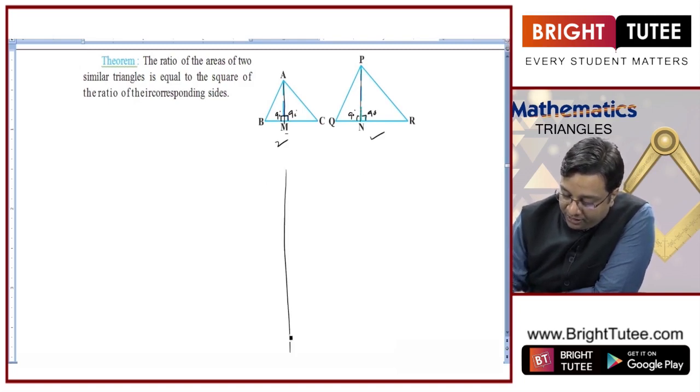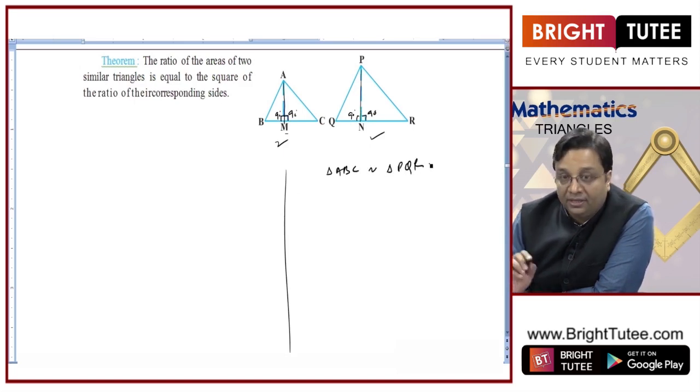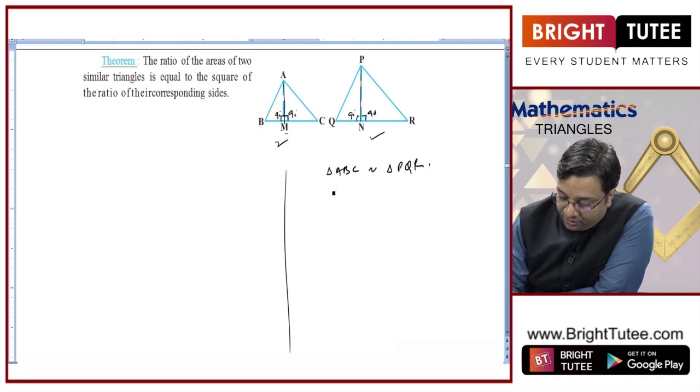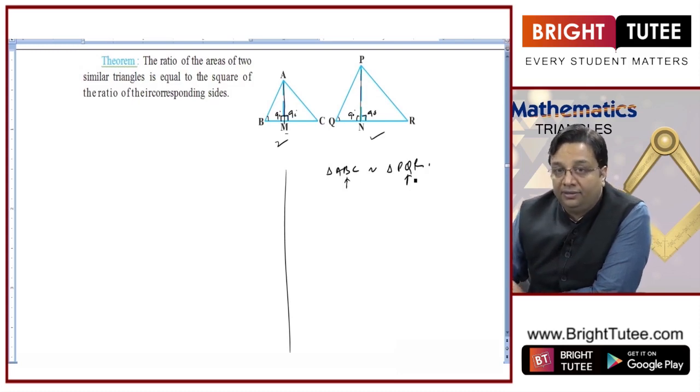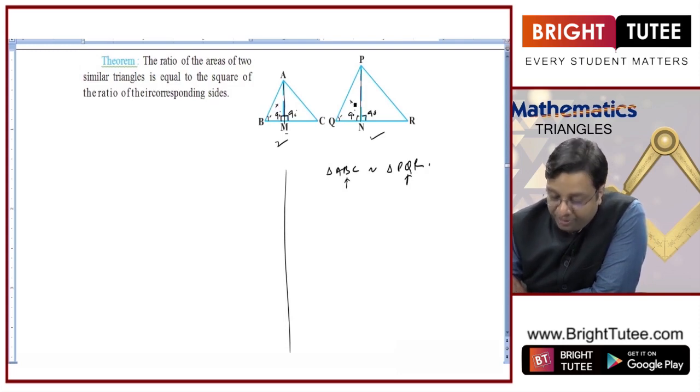If for a moment I know that ABC is similar to triangle PQR, then I also know that angle B is equal to angle Q. So if these two angles are equal, then look at these two triangles ABM and PQN. In these two triangles, this angle is equal to this angle, both 90, so this angle is also equal.